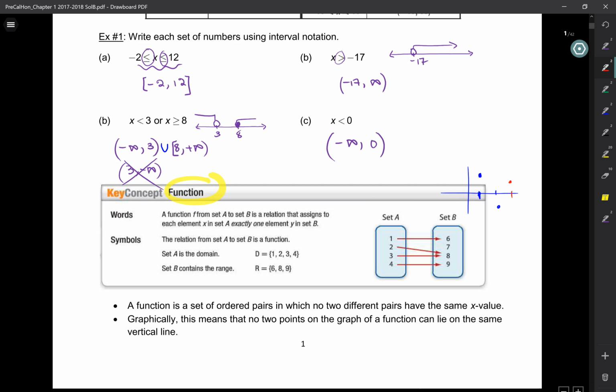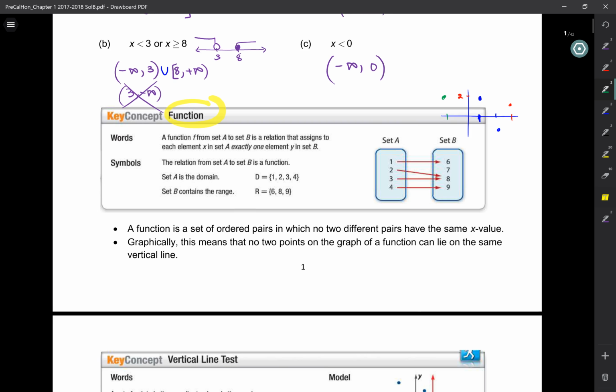Okay, so, you know, we understand, we don't memorize the definition. For each x value, there can be one y value. Now, if this is y equals 2, can there be 2 x values which have a y value of 2? Yeah, okay. So that works, but not the other way. All right. So, if you're given a representation of the function, how do you figure out if it's a function?